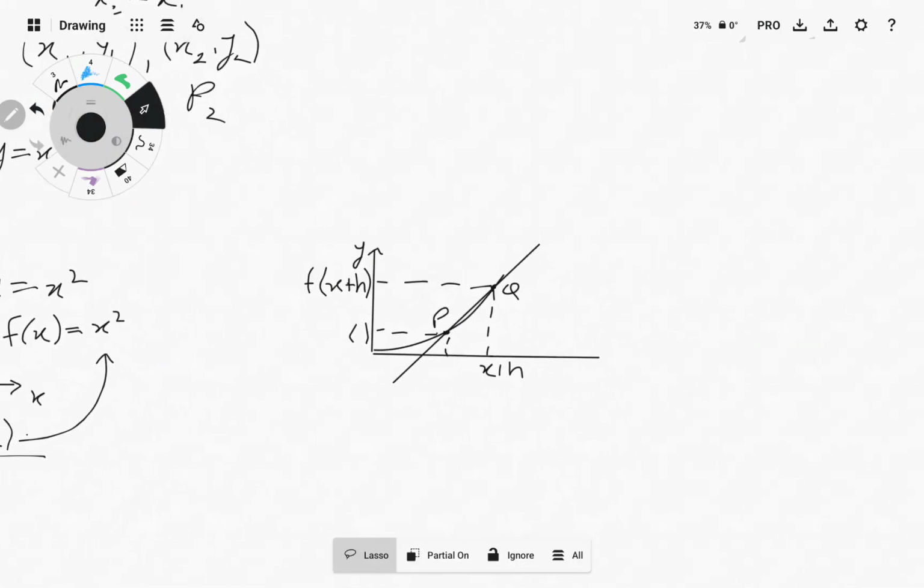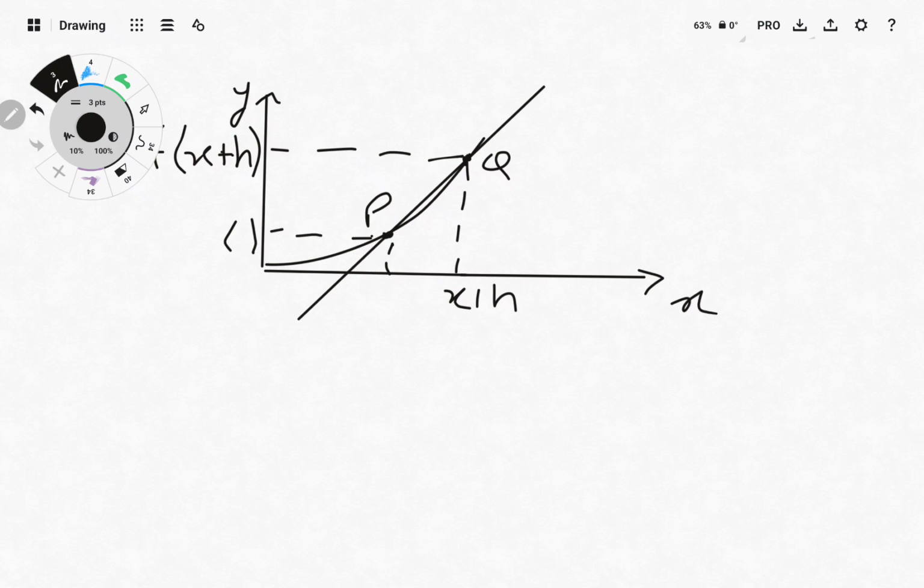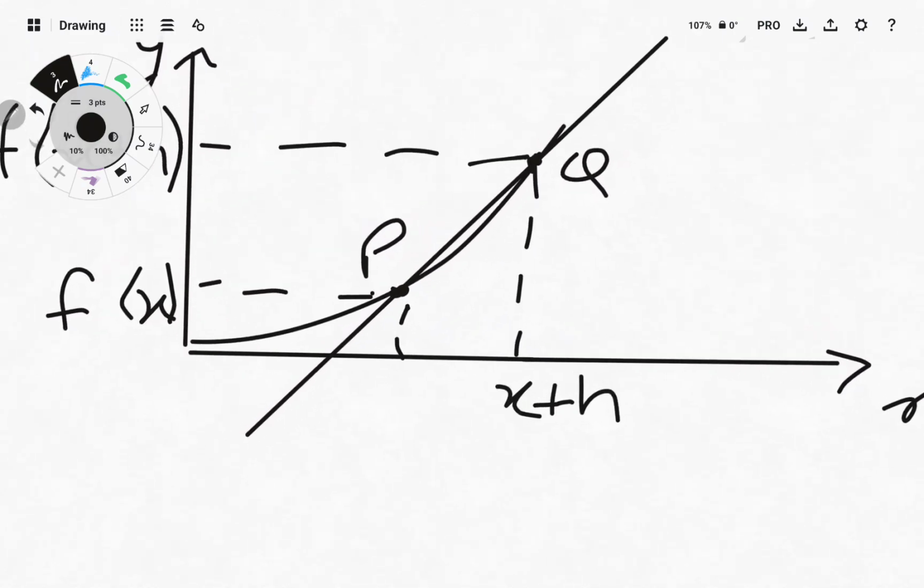Alright, now let me just show you what's happening as h approaches 0. It's going to get a little messy, but I hope it makes sense.